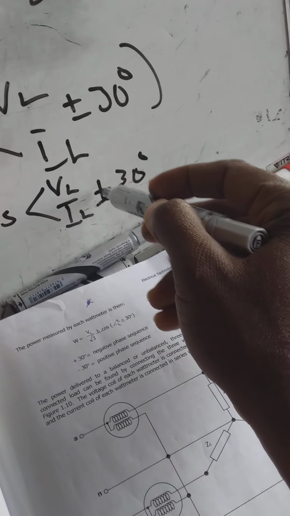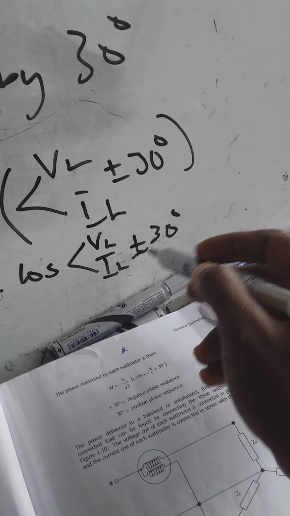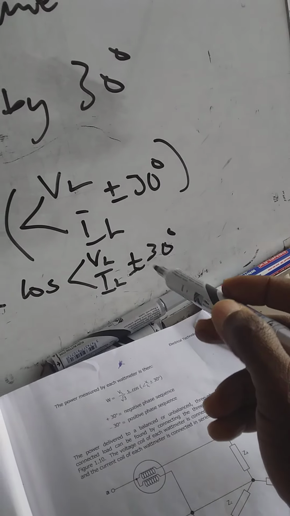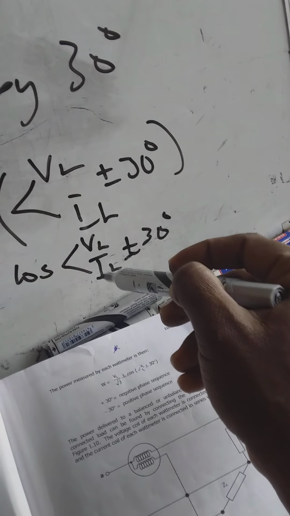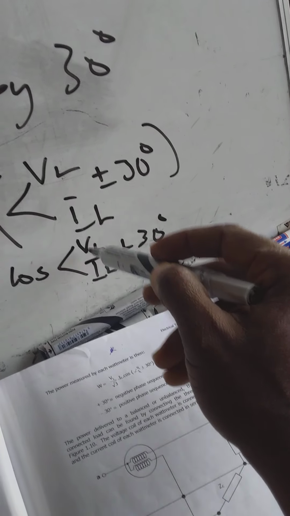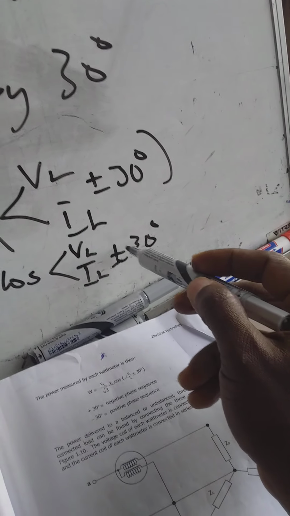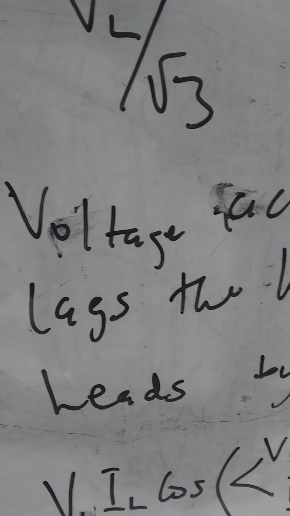So what will determine which one you will use is the direction of rotation. If it is positive phase sequence, you subtract 30 degrees from the angle difference between line voltage and line current. If it is negative phase sequence, you add 30 degrees to it. Thank you.